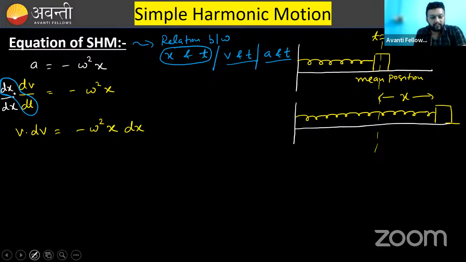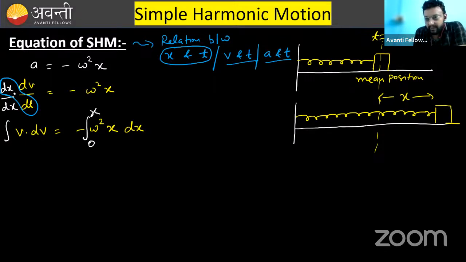Now in the next step, I am going to integrate the things. For integration, I need to put the limits. When you put the limits of x, initially it was at the mean position, which means 0, and finally it is displaced to a position x.